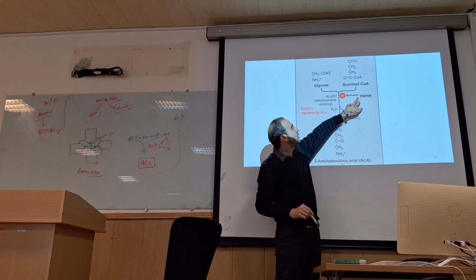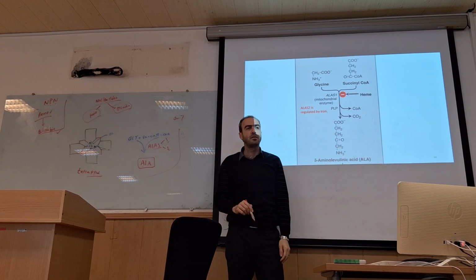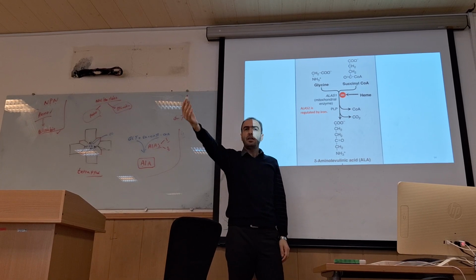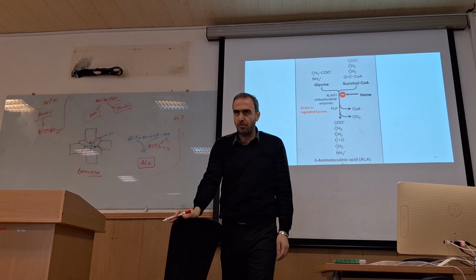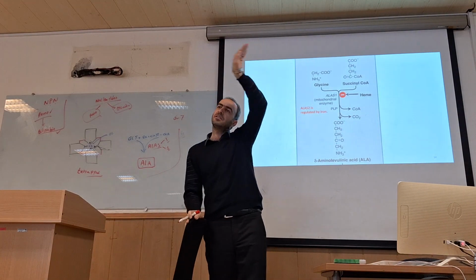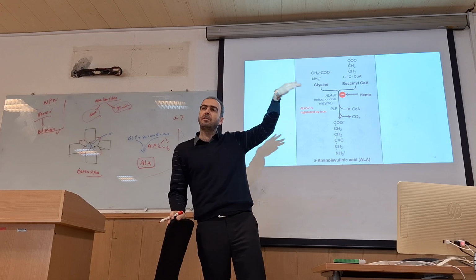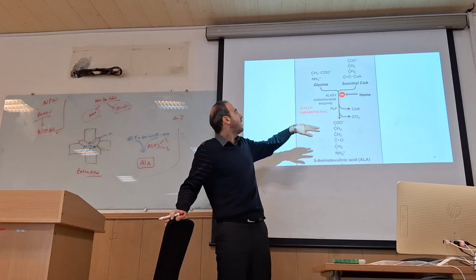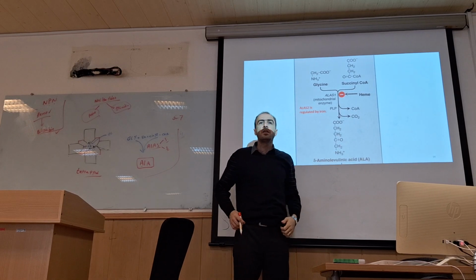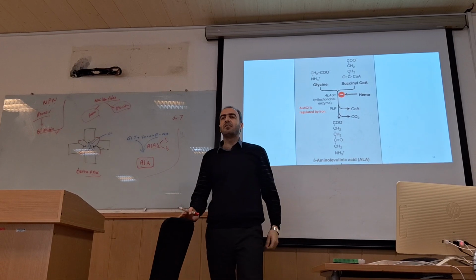It can be inhibited by heme. Heme is the final product. When we produce enough heme, we don't need more heme. So heme itself comes and inhibits heme synthesis. This is related to ALAS1, which is located in the liver.